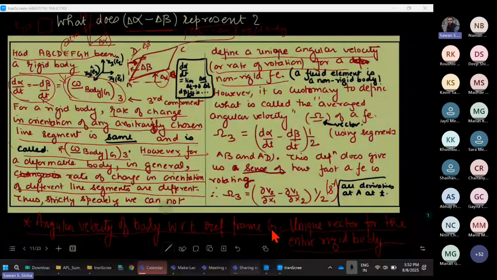A fluid element is a non-rigid body in general. However, it is customary to define what is called the averaged angular velocity for deformable bodies. We denote it by this vector.